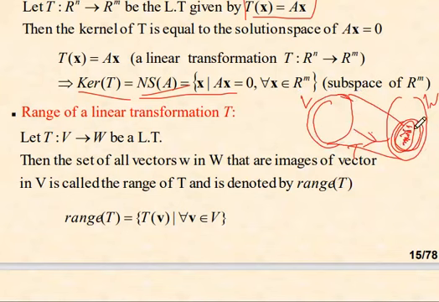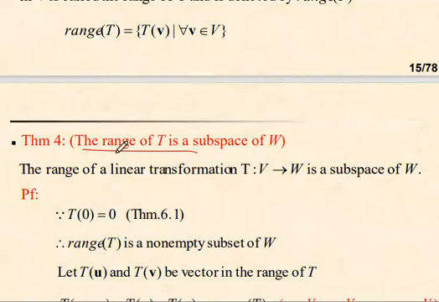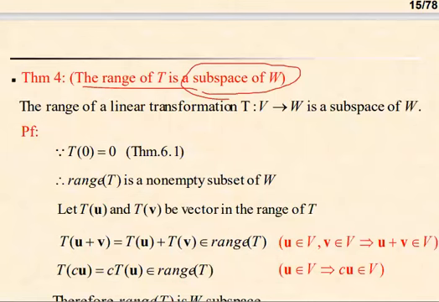So we know that this is a subset of W. Now we can show this range is not only a subset, it is a subspace of W. We are going to prove that the range of T is a subspace of W. That is the next theorem.